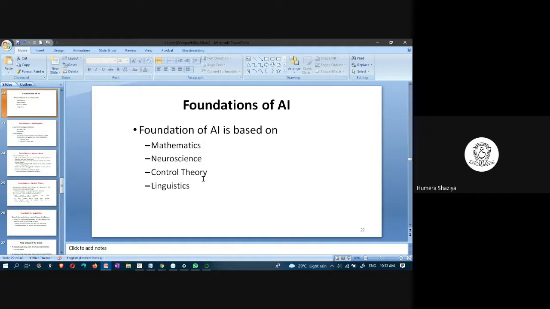So control theory also contributes to the development of the hardware and its response to the environment. Linguistics is important because AI must converse in natural language. Therefore, AI must know about languages, grammar, vocabulary, syntax, rules, and so on.